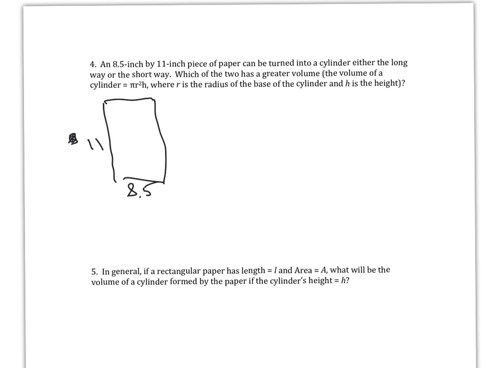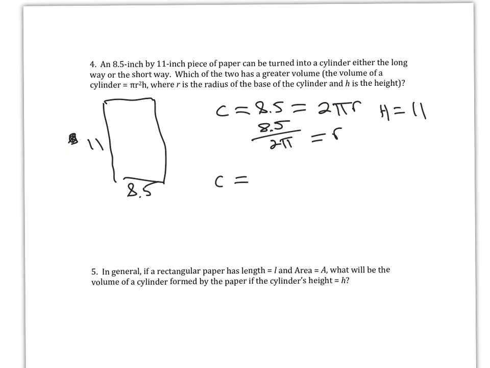The cylinder is either going to have a circumference of 8.5, which would be equal to 2 pi r, which would mean that 8.5 over 2 pi would be equal to r. That would also give us the height of that cylinder equal to 11. Alternatively, the circumference is equal to 11, which would be equal to 2 pi r, which means that 11 over 2 pi would be equal to r, and our height would be equal to 8.5.